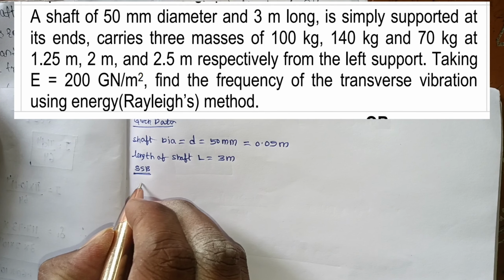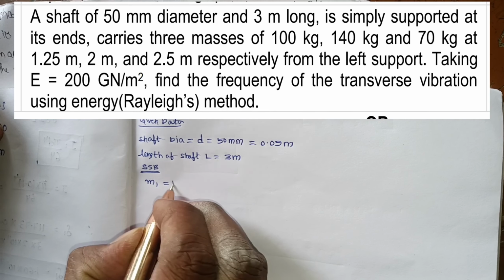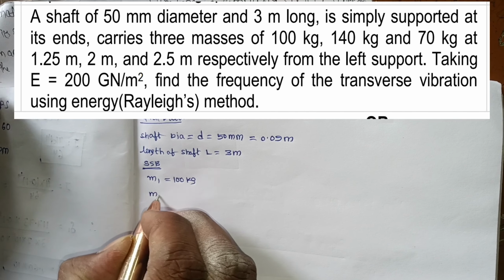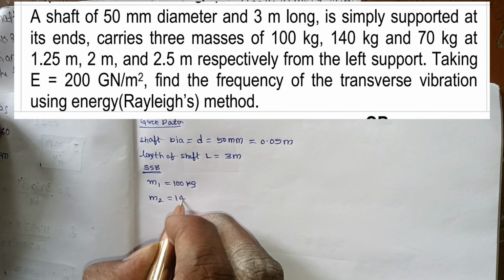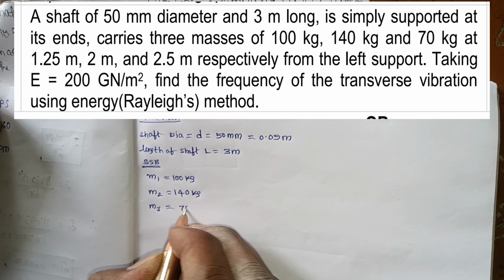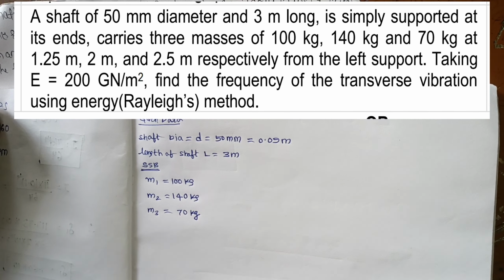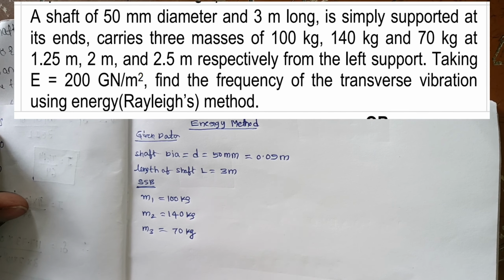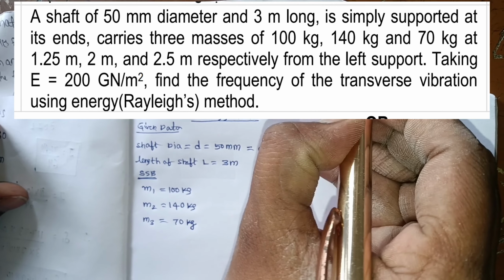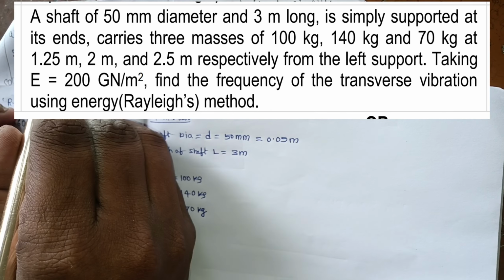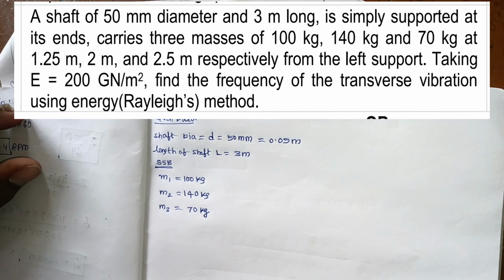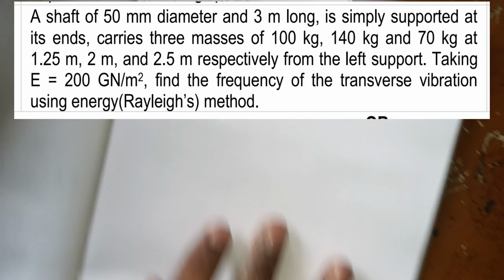Here they are given the masses M1 100 kg, M2 140 kg and M3 70 kg. They are given the distances at 1.25 meters, 2 meters and 2.5 meters respectively from the left support.